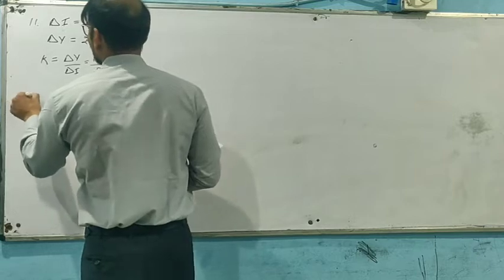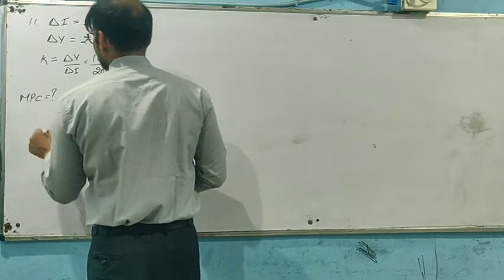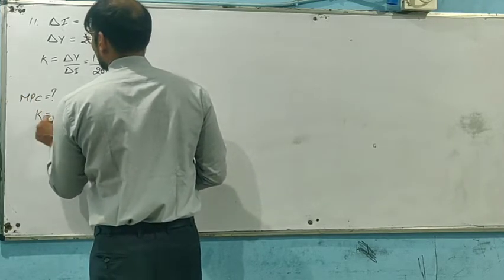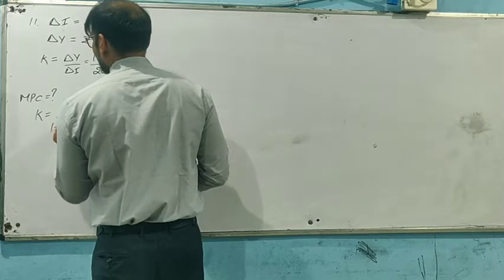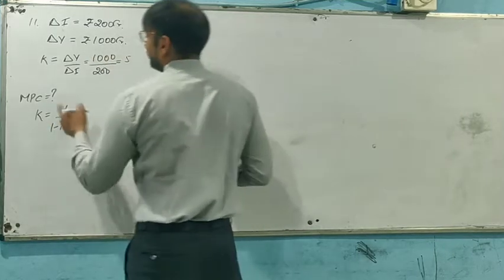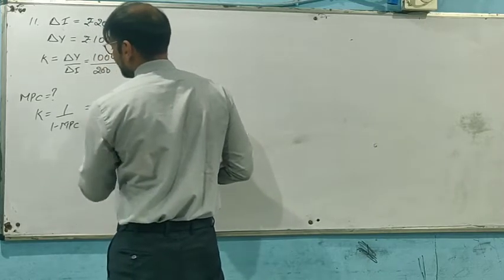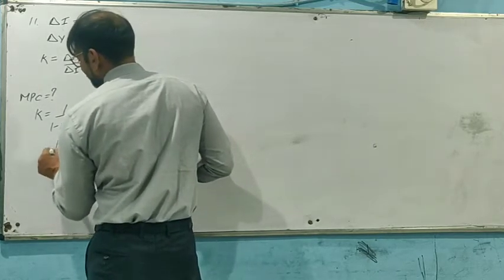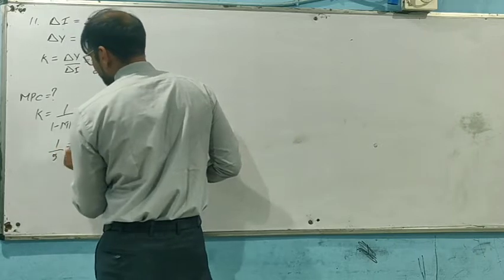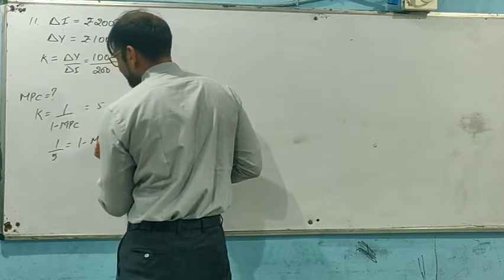We need to find out MPC. We also know K equals 1 upon 1 minus MPC. Where K equals 5, we just need to change the position: 1 upon 5 equals 1 minus MPC.